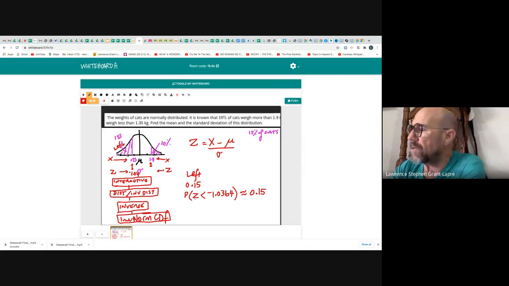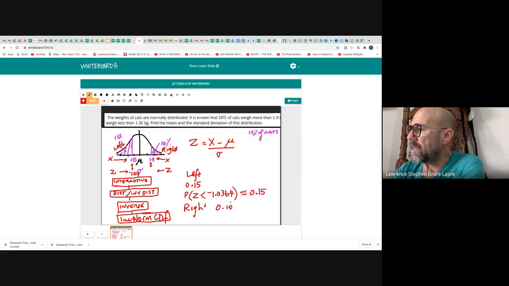Now, let's do the right tail, this one over here, and we use a probability of 0.10. So we'll go back: interactive, distribution, inverse, inverse normal, select right, put the probability of 0.1, and OK that.